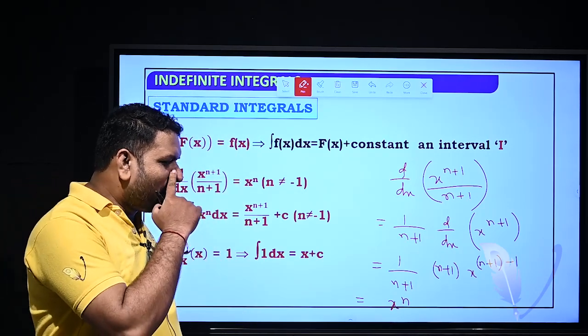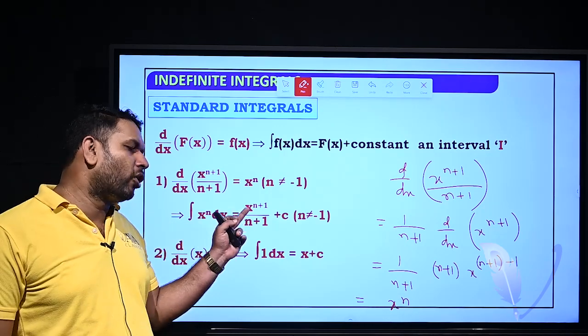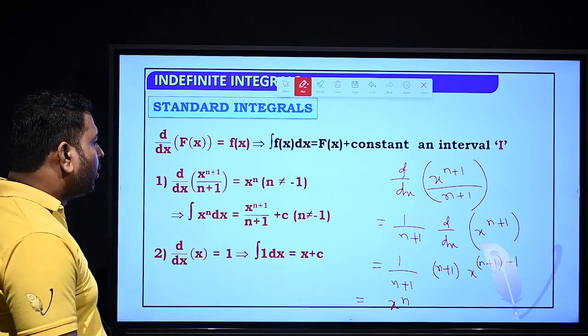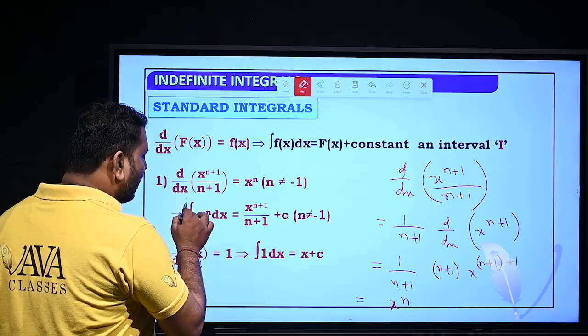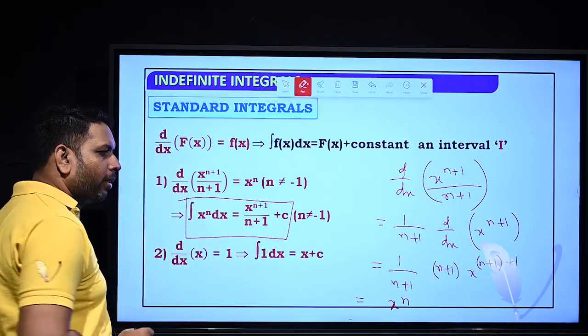So this derivative equals x^n. So the integral of x^n dx is x^(n+1)/(n+1) plus c. The integral of x^n dx is x^(n+1)/(n+1) plus c.